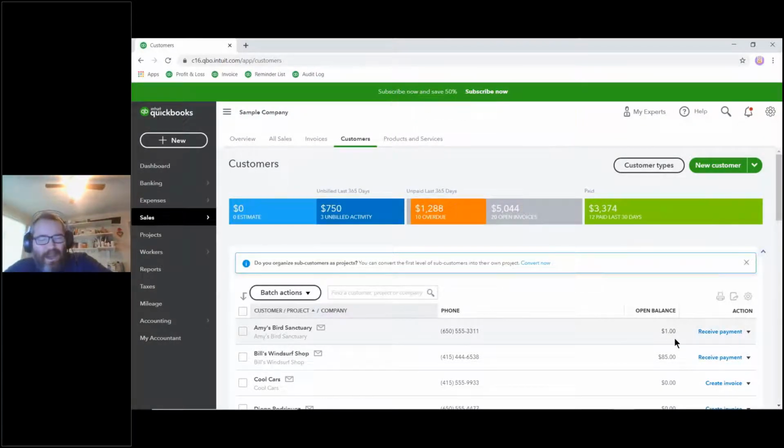Now, are we going to track them down for $1? We might, especially right now, but in a lot of cases you're not, especially if it's for a smaller amount. So how do you deal with this leftover little dollar or quarter or penny or whatever it is? The easiest way to do it is with a credit memo.